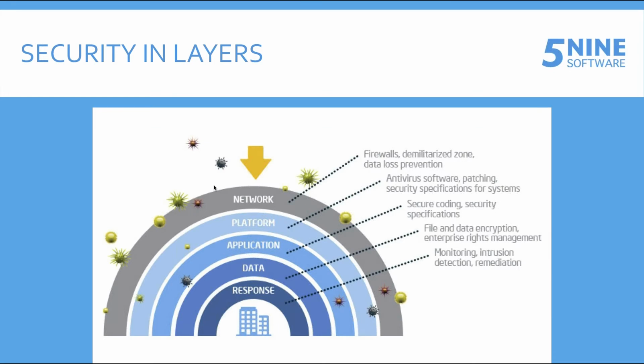So speaking about security in layers, if you're not familiar with the concept or the term, this graphic is actually from Intel.com. And what it talks about here is the concept of security in layers, that you need to have multiple layers of security, just like a castle, right? If someone's trying to attack a castle, that castle is going to have multiple layers of security. They're not going to just have one chain link fence around the whole castle.